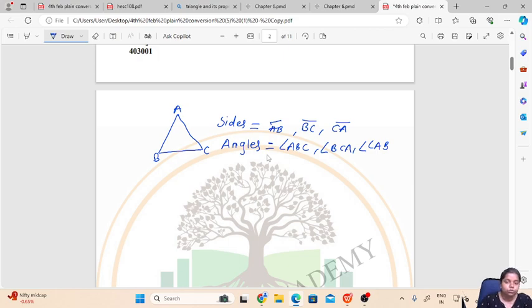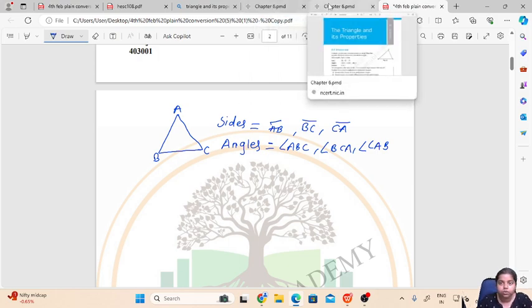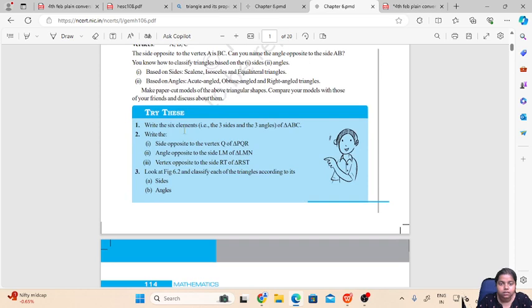Okay, the next thing they have asked is to write the side opposite to the vertex Q of triangle PQR.